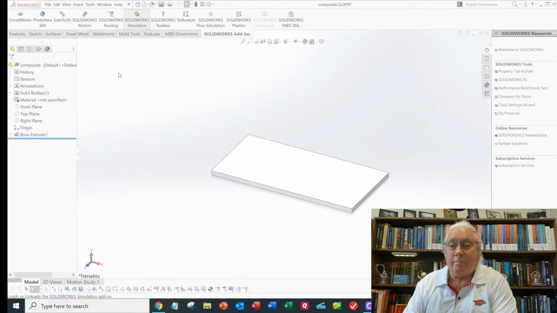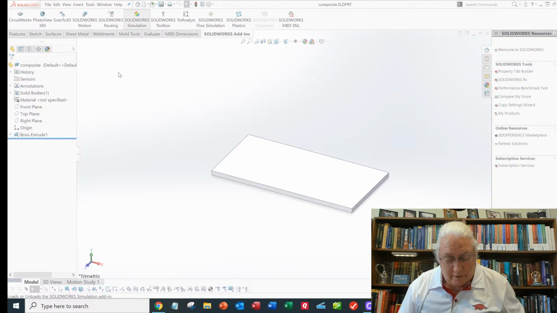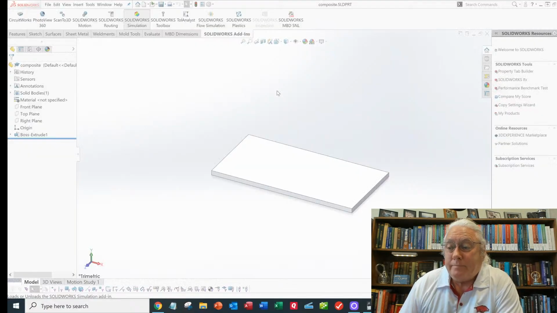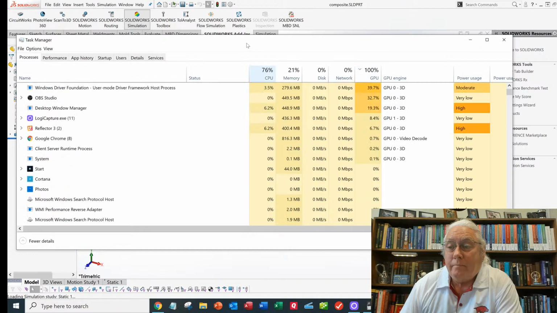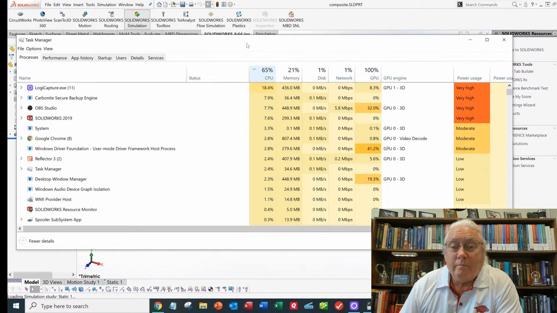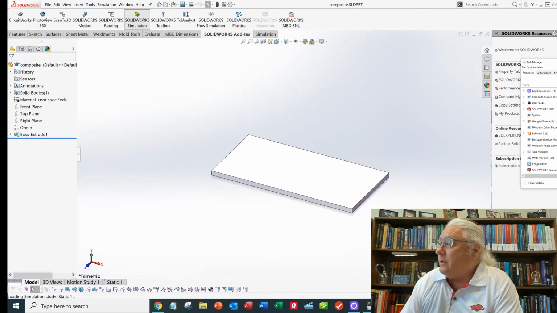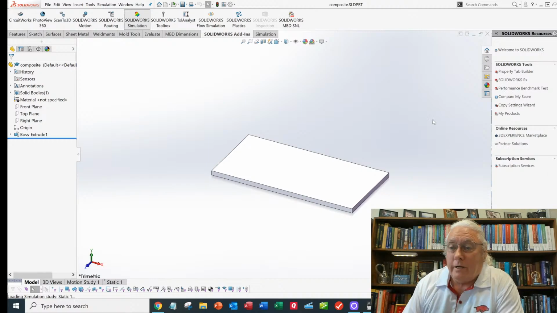I have to turn off my little webcam. I think that's driving up the CPU time here. Yeah, that's my video capture. Maybe I'll turn that off here in a minute.